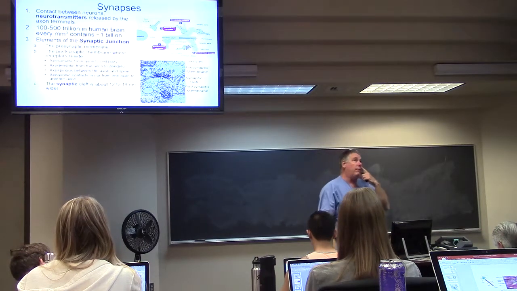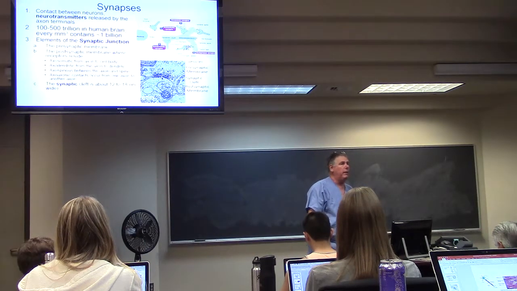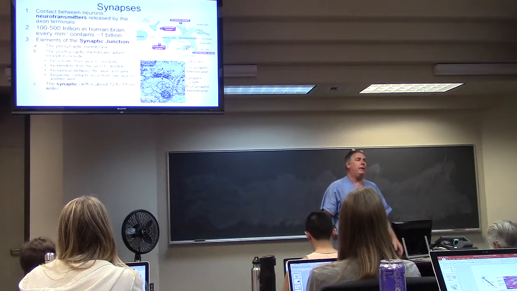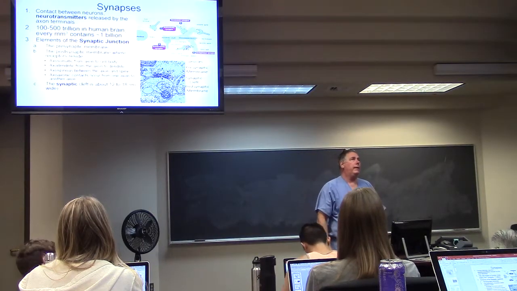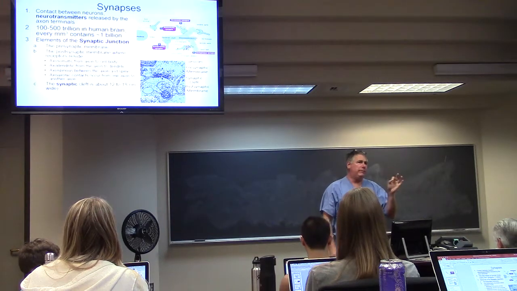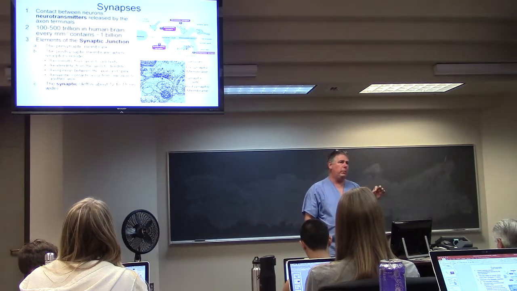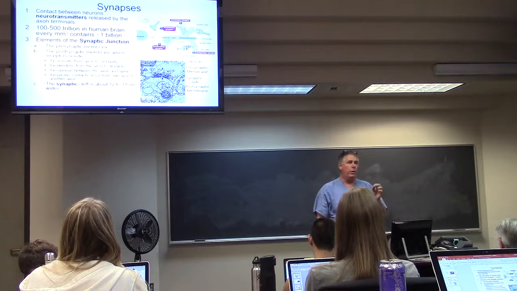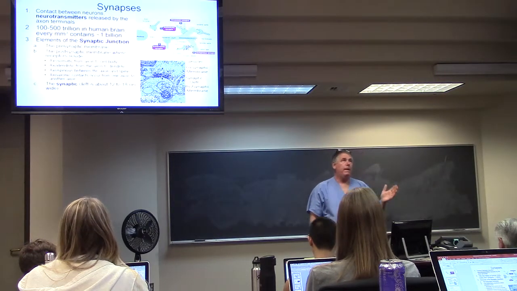The synapse itself was only discovered back in the 50s with the advent of the electron microscope. I think I may have mentioned that before. The synapse is a very specialized junction between two neurons, or a neuron and a muscle cell.